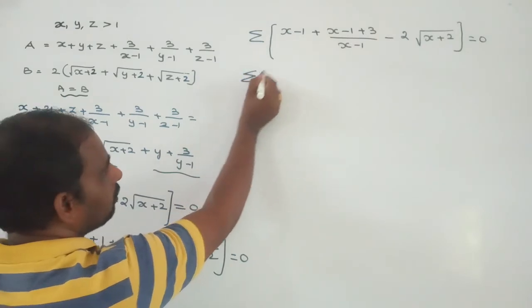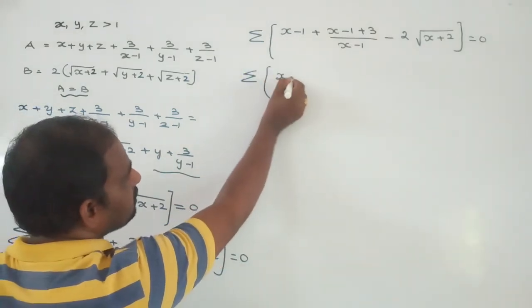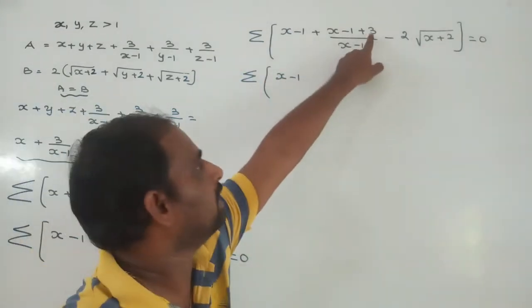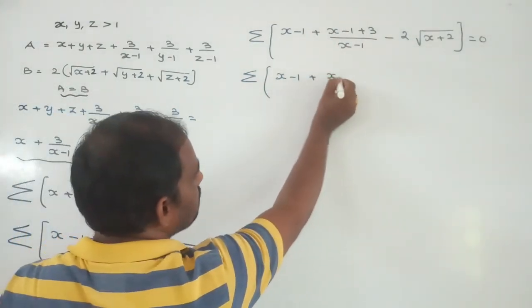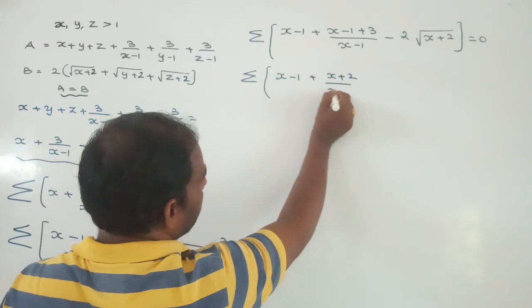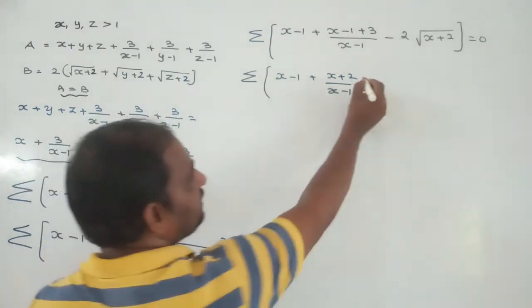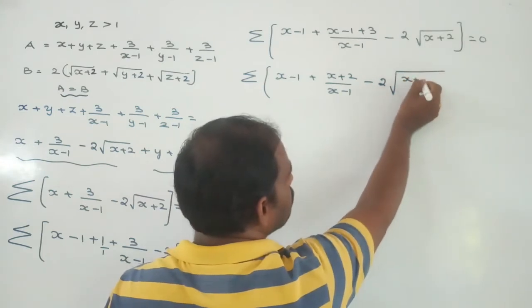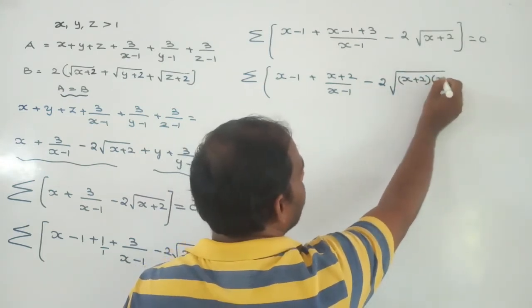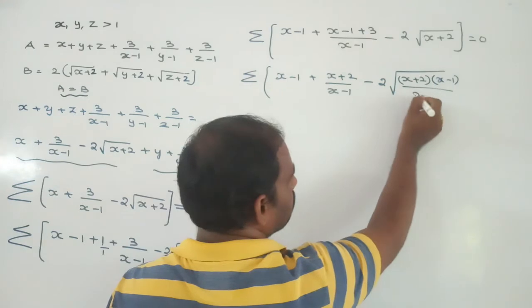Now sigma, this is x minus 1 as it is, plus 3 minus 1 is plus 2, that is x plus 2 by x minus 1, and this can be written as 2 into root x plus 2 multiplied and divided with x minus 1.